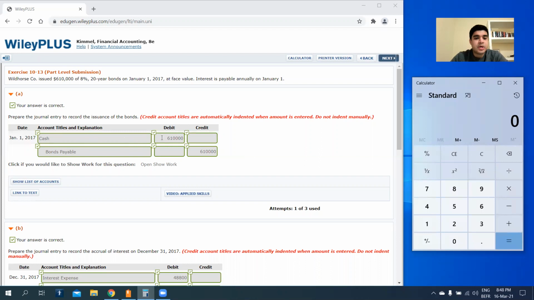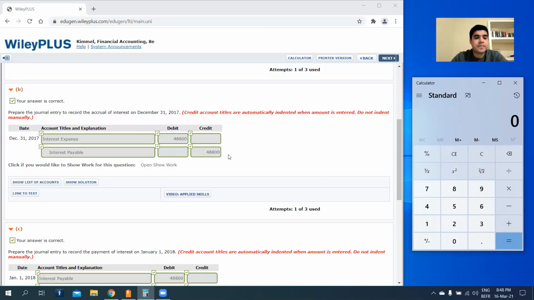Then you are going to record that on your books with the face value of the bond. So you're going to debit cash because you're receiving this amount of cash, okay? And then you are going to credit bonds payable, also for 610,000.